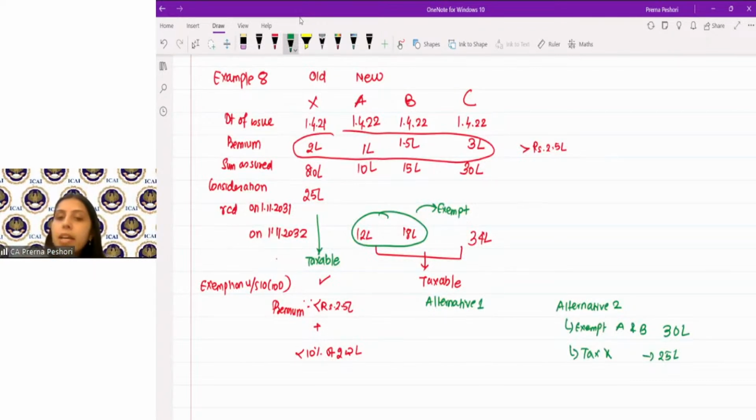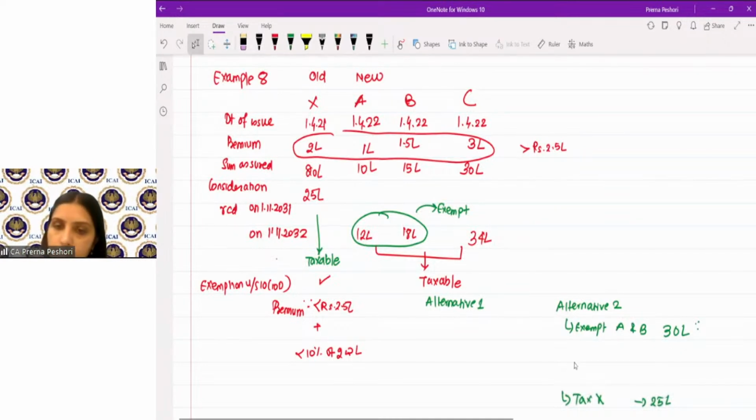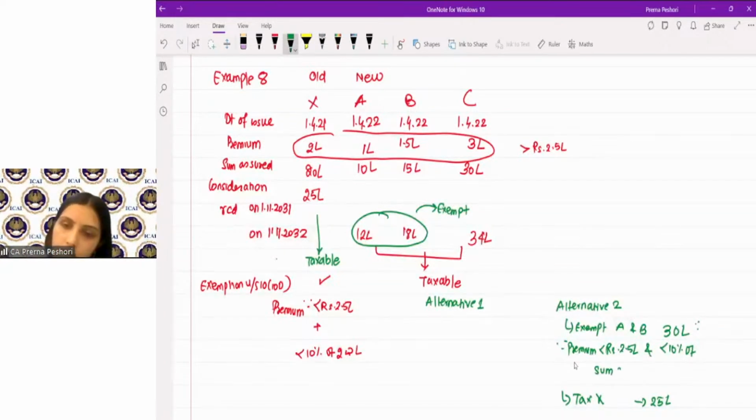Why exempt A and B? Since the aggregate premium is less than rupees 2.5 lakh and less than 10% of sum assured.